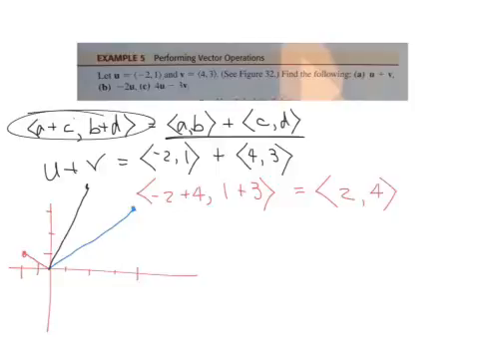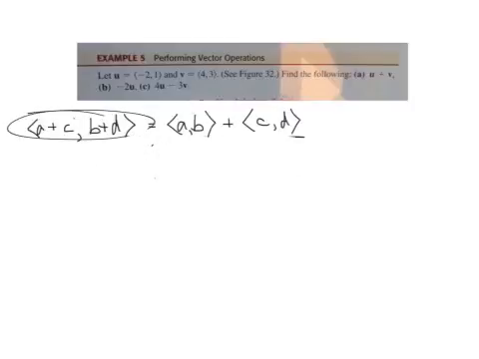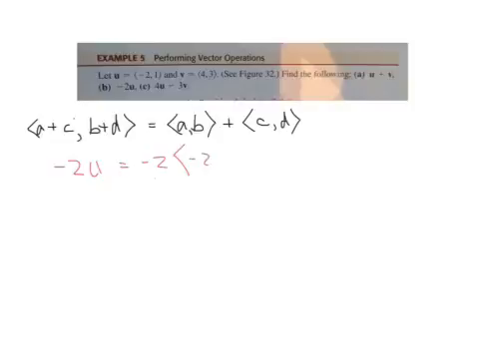Okay, so let's look at part B. Let me erase this. Alright, so instead of u plus v, it is wanting us to take -2 times u. Well, according to the second one down on top of page 309, vector operations, this is my k, and that is going to be -2 times my -2, 1.